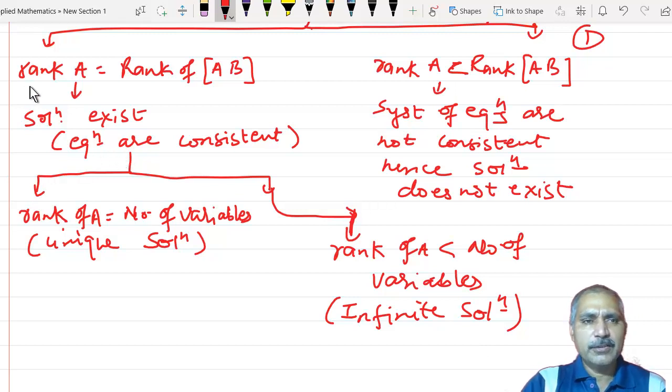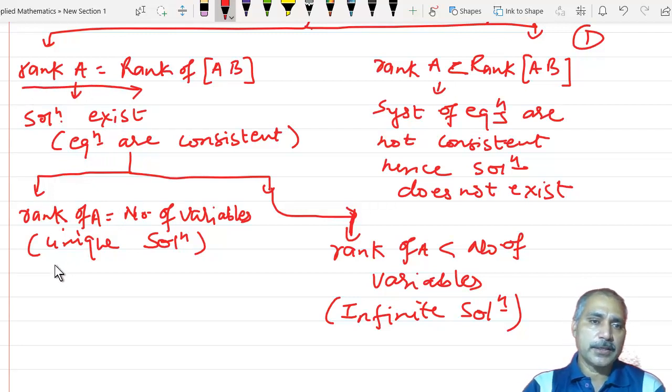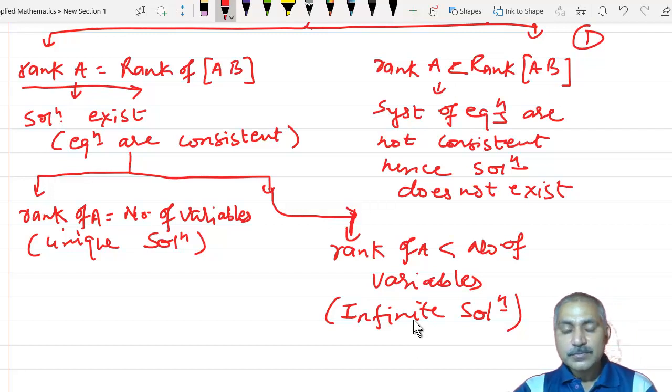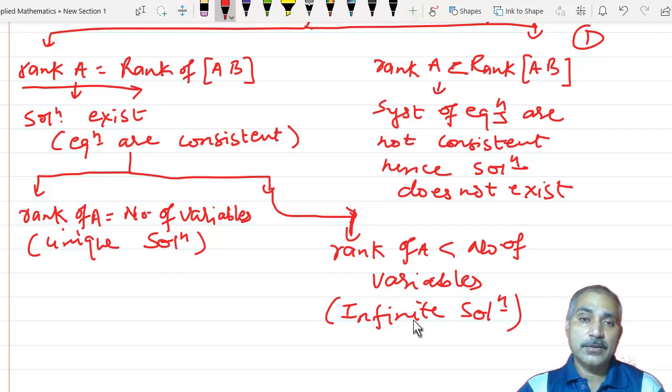Now when rank of A and rank of augmented matrix are same, we are having two types in that. That means solution exists and it is unique, and here solution exists and there are infinite solutions. So these are the three cases of the system of homogeneous or non-homogeneous equations.